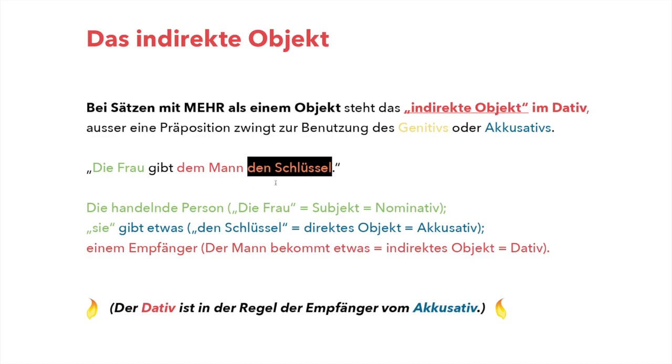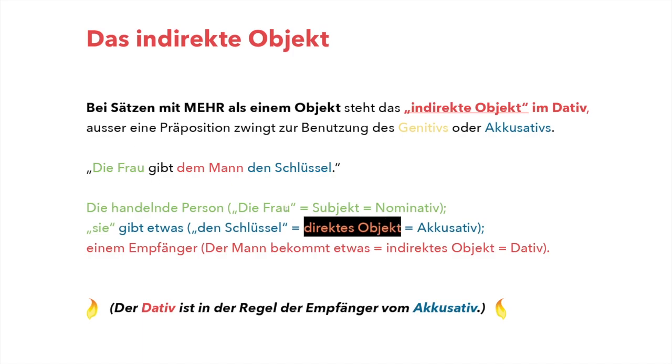And now to whom does the woman give the key? She gives it to the man, so die Frau gibt dem Mann den Schlüssel. This is how we can understand better what is the subject, the acting person or thing, then the verb expressing the action, then the indirect object which is directly connected to the action.